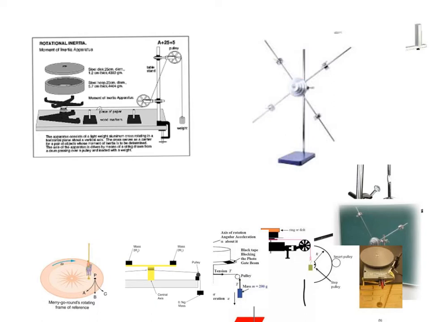The other one is we have a rotating platform that holds a disc or a hoop, and on the base of the platform is a smaller disc that we wrap a string around. We put it over a pulley, either a single pulley to the ground, or here it shows a double pulley. And as the mass falls, the mass will accelerate, of course, much slower than if we just dropped it, right?